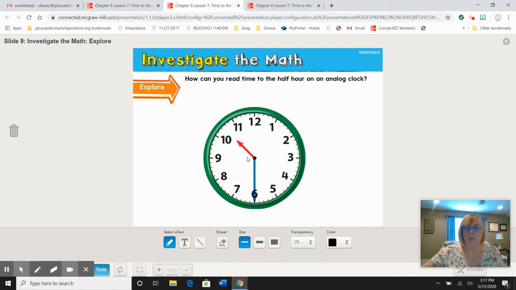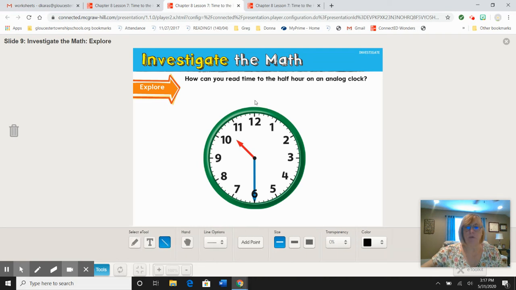If we were to start at the 12 and go all the way around with the minute hand and stop here, that's right, it's a half. That is half of how many minutes go around? That's right, 60. So it's halfway around the clock.